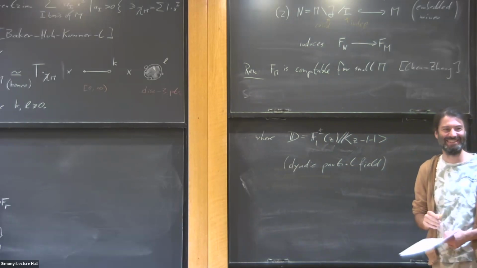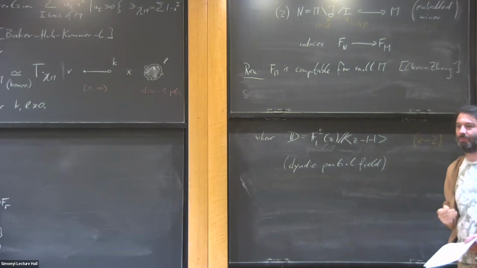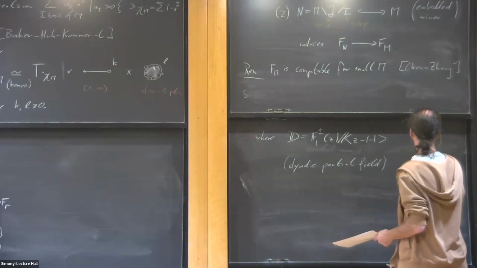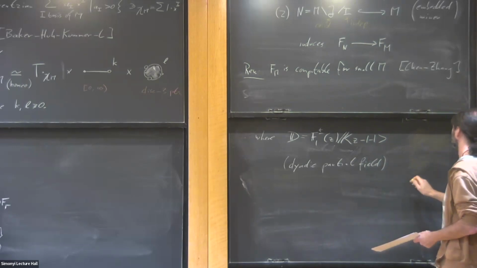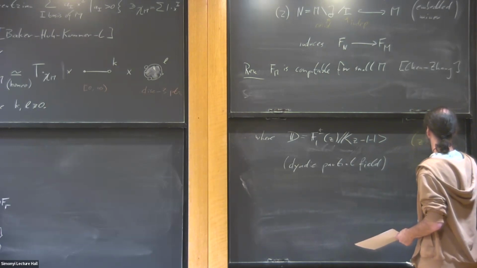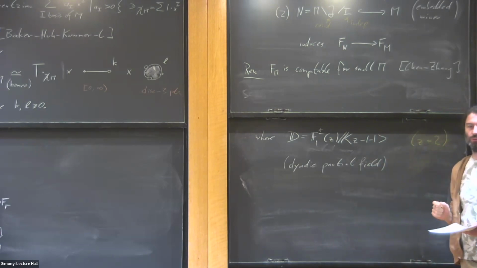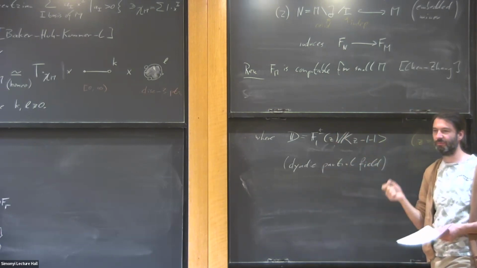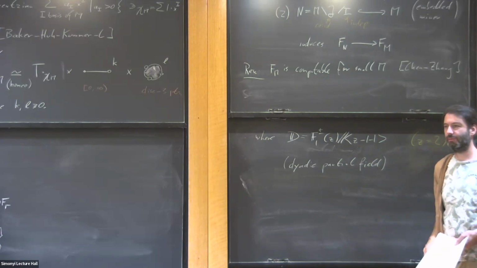You should think of Z being the element 2. Then this would have all powers of 2 and also the negative powers of 2. That's a little bit how to think of it.